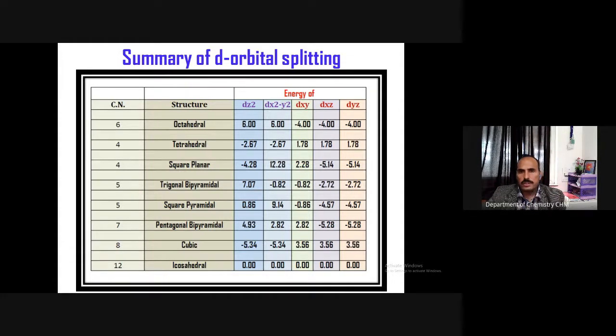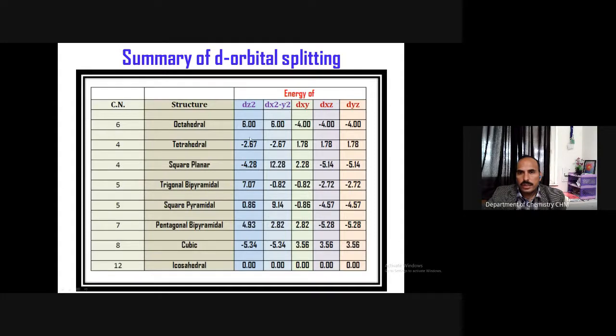No surprise. In case of a square planar, I told you that this poor dx square minus y square orbital is facing all the four ligands directly along the axis. So you see the energy of this orbital is 12.28 positive, very, very high. Next is dxy, 2.28, slightly above the barycenter. Rest of them are all negative.